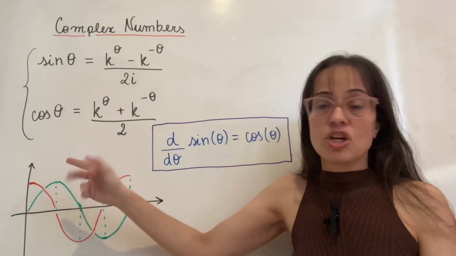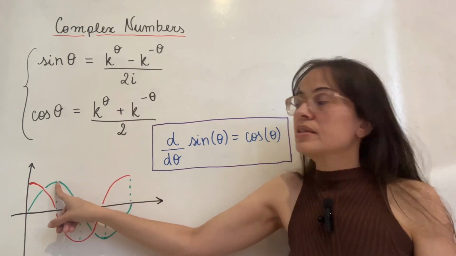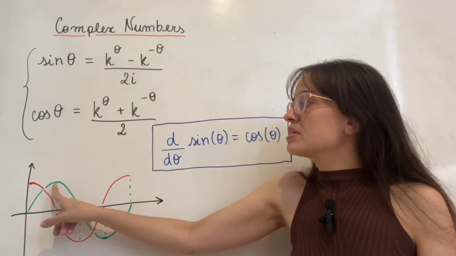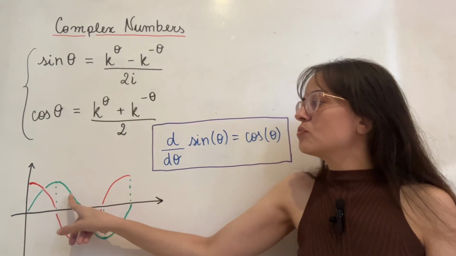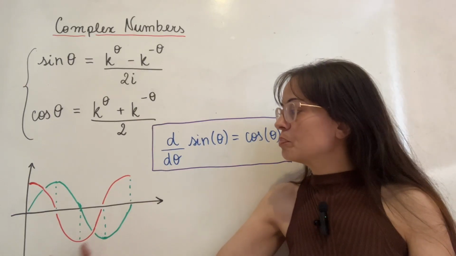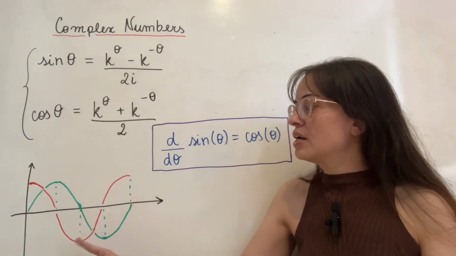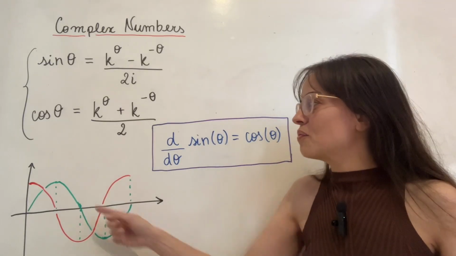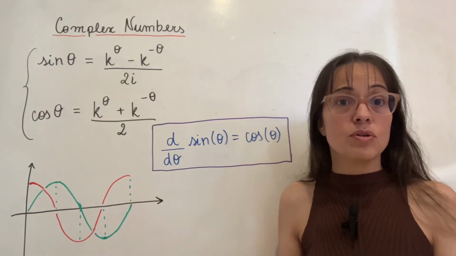That means that the rate of change at that point is 0. That's exactly the point where the cosine is 0. And then after that point, the sine function has a negative rate of change all the way up to here, which is exactly the part where the cosine function is negative. So it is negative because it is the rate of change of the other function, which is decreasing.